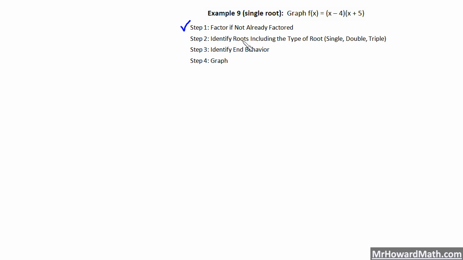Step two, we need to identify the roots, including the type of root, whether it's single, double, or triple. So remember, when we're identifying roots here, you take the whole function and set it equal to 0. So if we set this equal to 0, that means either this has to be 0 or this chunk has to be 0.